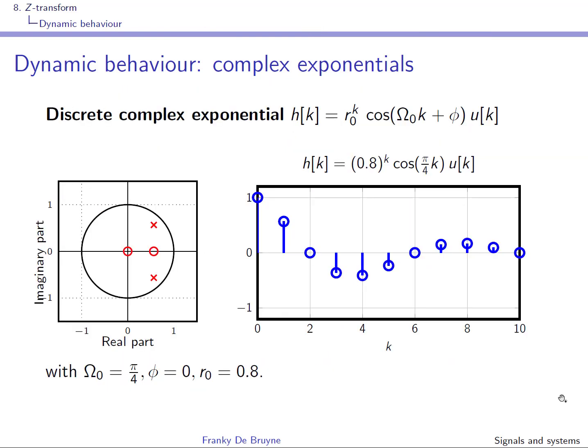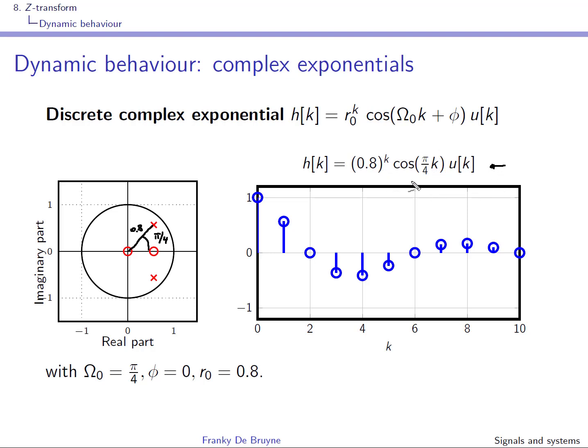So let us take an example here, and the poles are located here at a distance 0.8 of the origin. Of course, you have the other one, the complex conjugate, and the angle here, the discrete frequency, is pi over 4. So these pole locations lead to an impulse response that is like this.